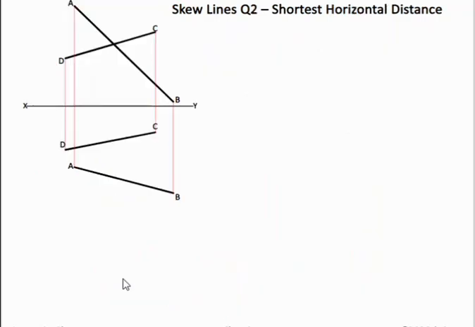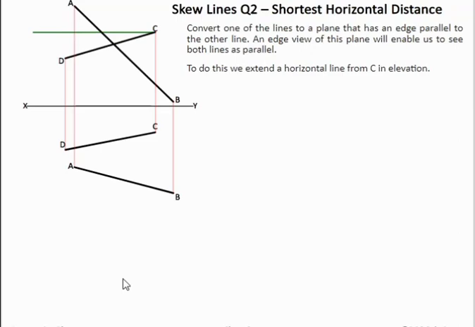Now in this question, a similar question again, we're looking for the shortest horizontal distance. This means the line connecting AB and CD together has to be a horizontal line. If it's a horizontal line in elevation, the line needs to be horizontal in our finished drawing. To start it off, we construct it the same way as the previous one.